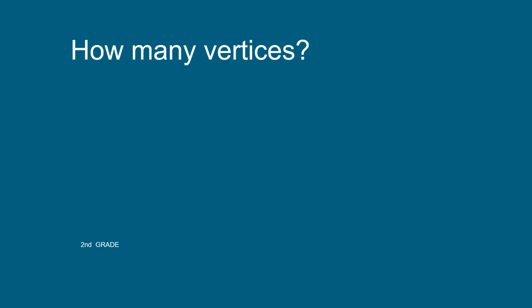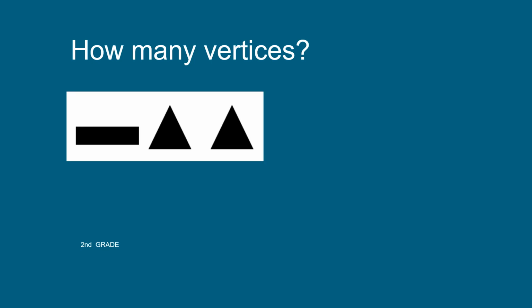Let's try some more. How many vertices do you see? I see 4 vertices on a rectangle and 3 vertices on each triangle. So there are 10 vertices in all.